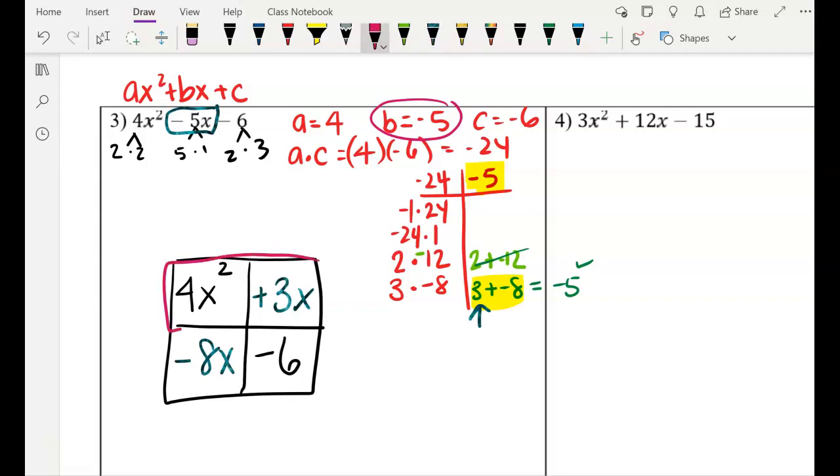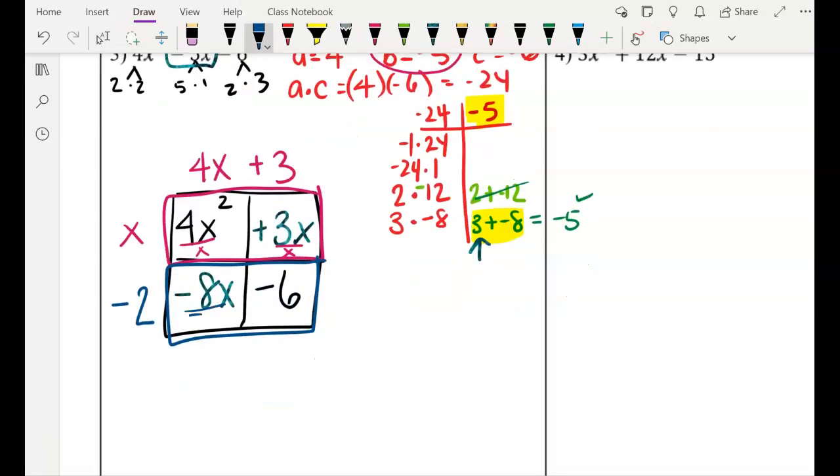So first two boxes, let's see what they have in common. We can take out an x for sure. So if we factor out an x, that means we're dividing by x. So that's going to be 4x here and positive 3. The next two boxes, here we go. Let's see what we can factor out. They're both negative, so we know we can definitely factor out a negative 2.